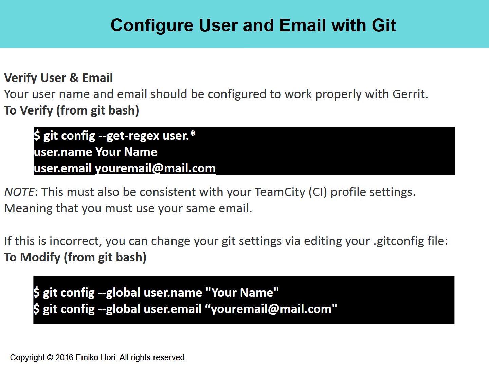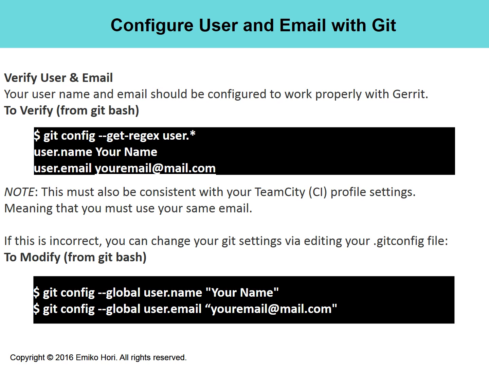A very important thing to note here is, in order to integrate the Gerrit server with the CI server, the user and email information has to be in sync between the Gerrit server and the CI tool. You can easily check the status of the email and user information by git config.